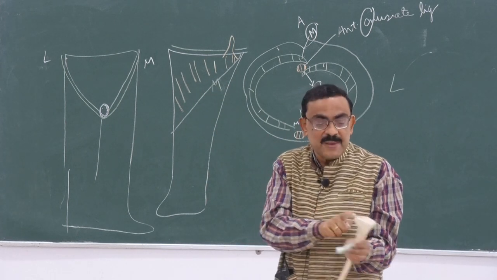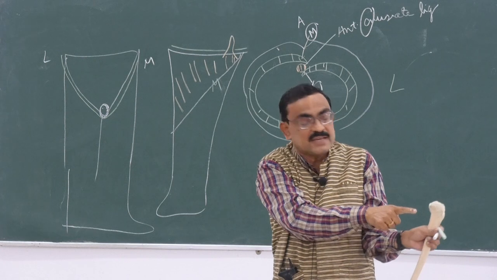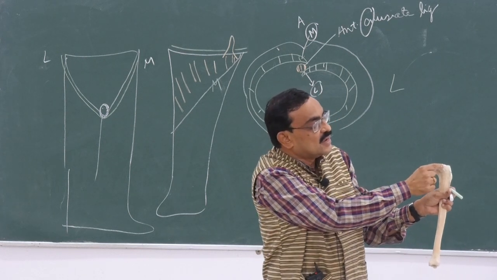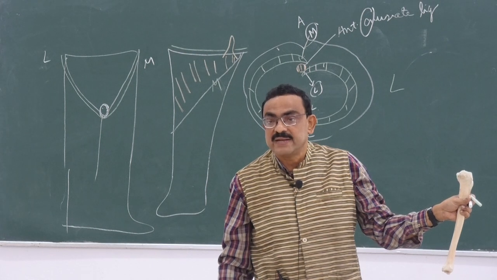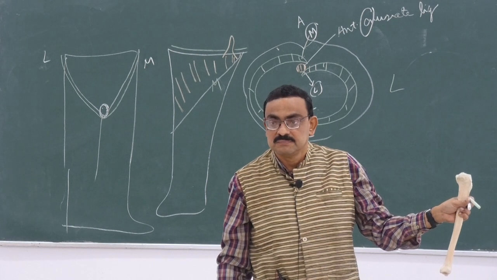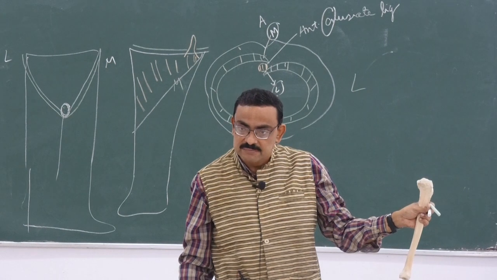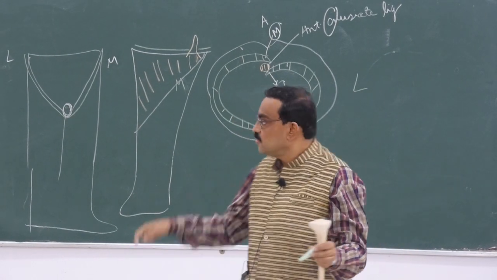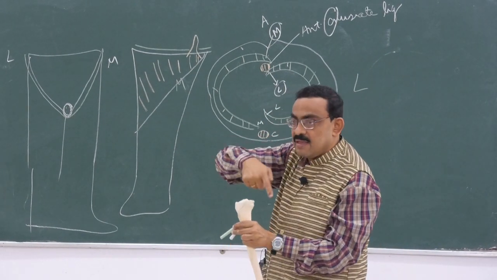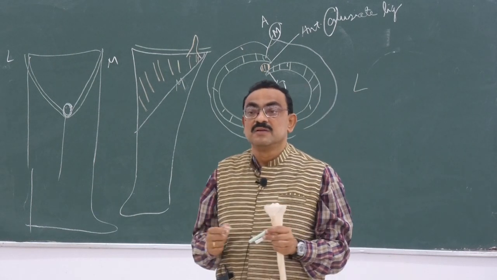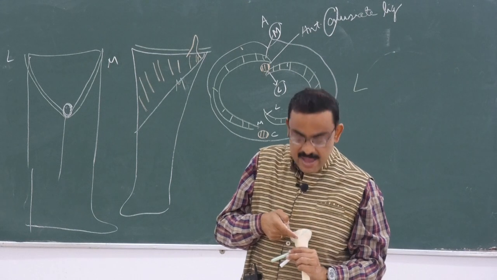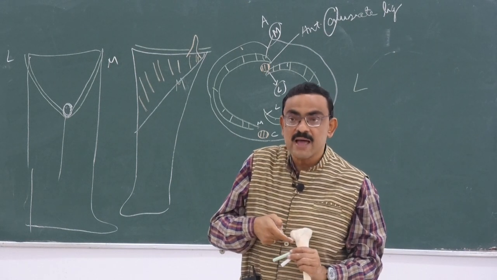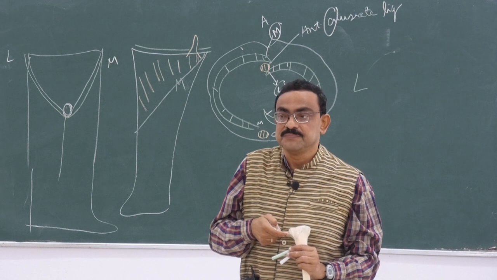So for the passage of the tendon of the popliteus muscle, the capsule is deficient in the posterolateral part. Clear?